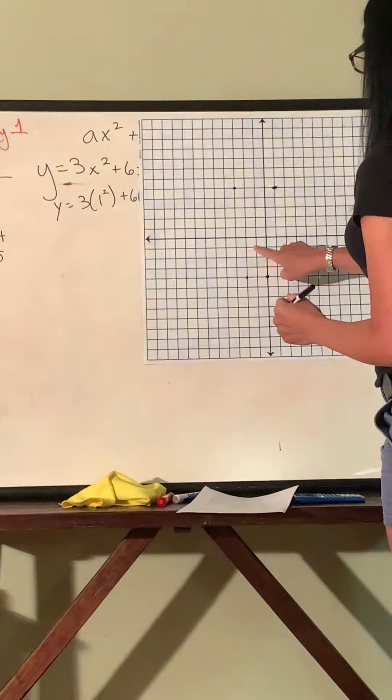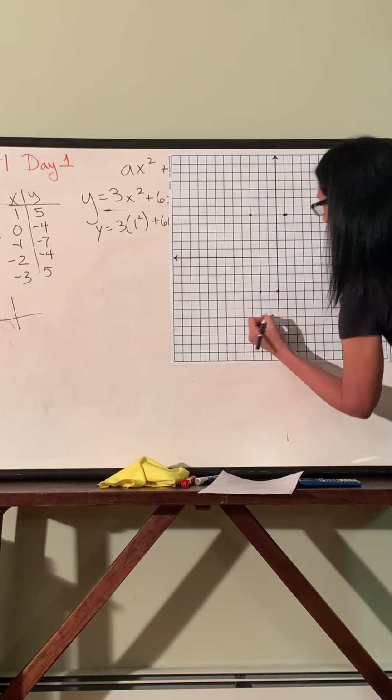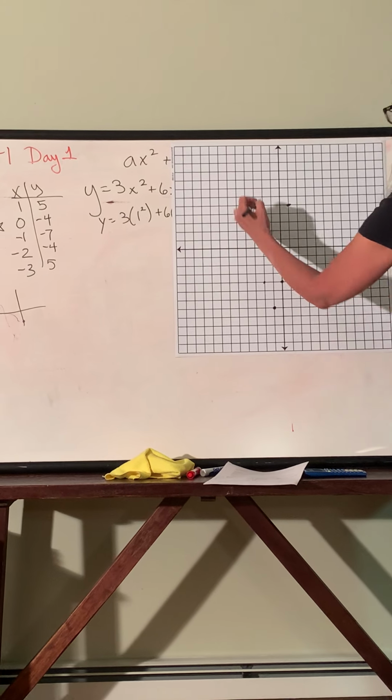I knew something didn't look right. 1, 2, 3, 4, 5, 6, 7. Okay. So it didn't look right because I didn't have my axis of symmetry, which there it is.